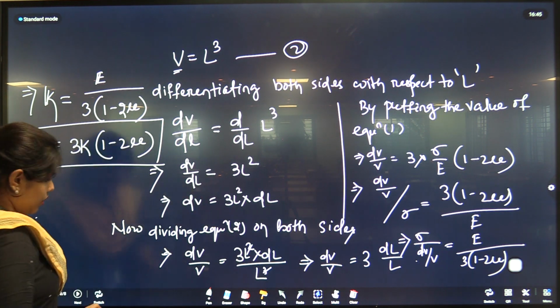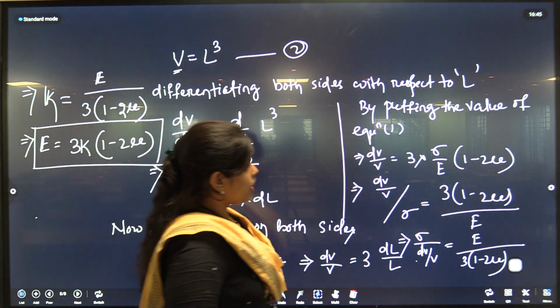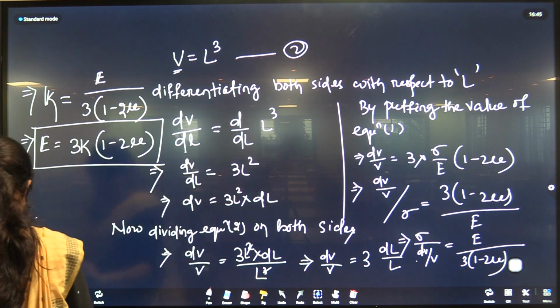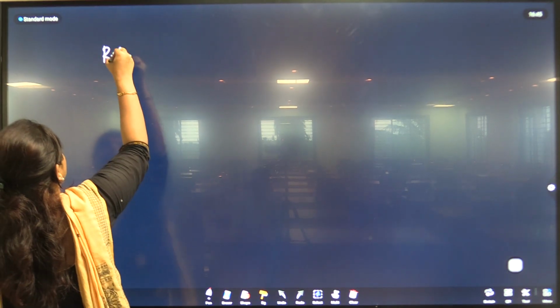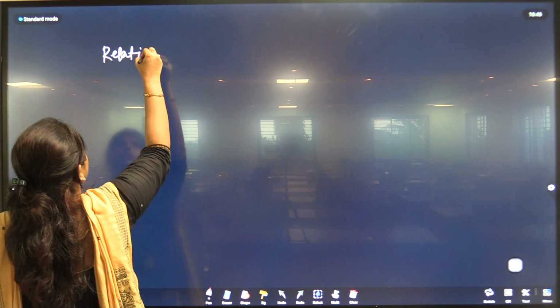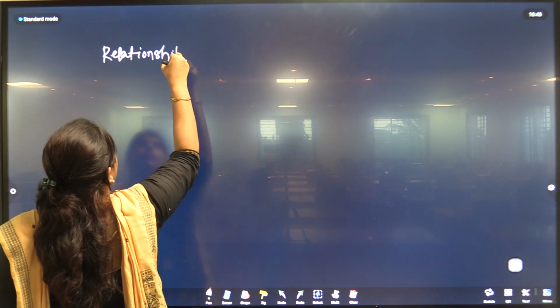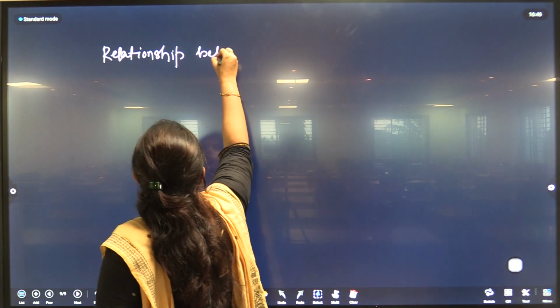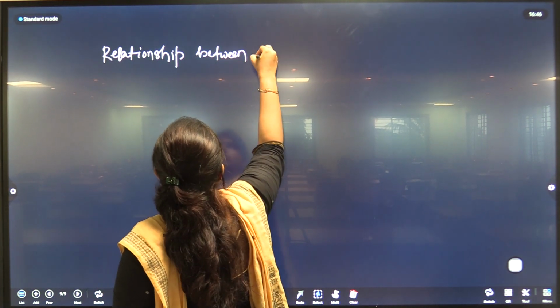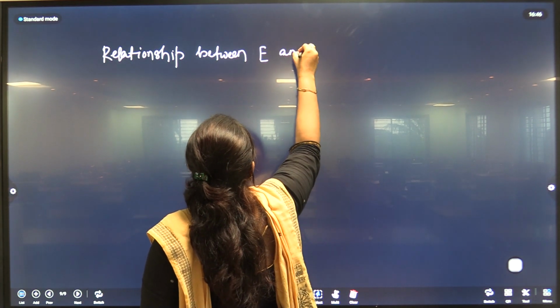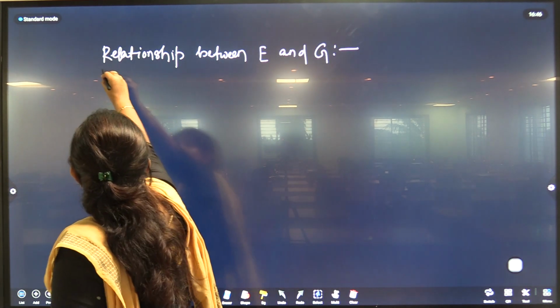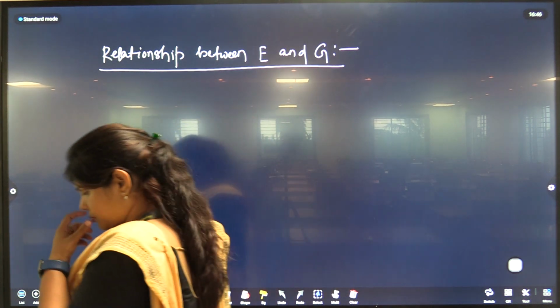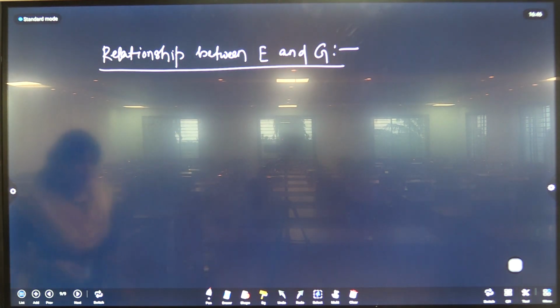So, now we have to go to another relationship: the relationship between modulus of elasticity and modulus of rigidity, or shear modulus.